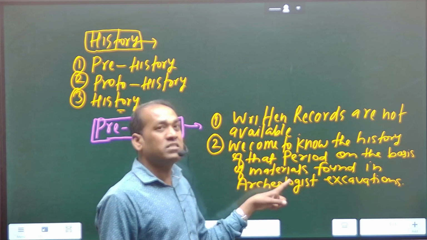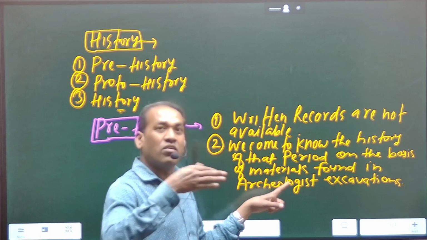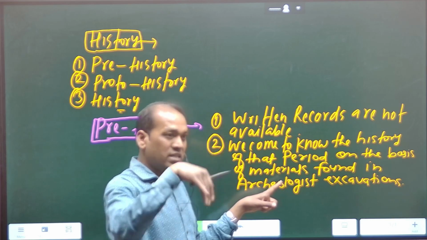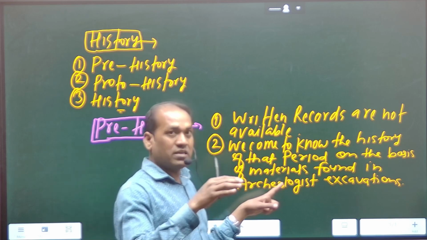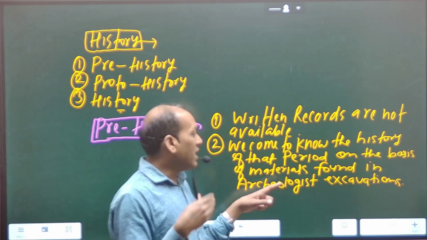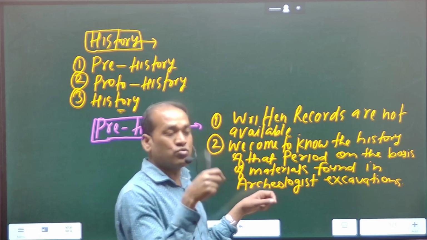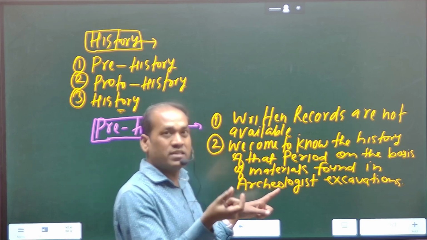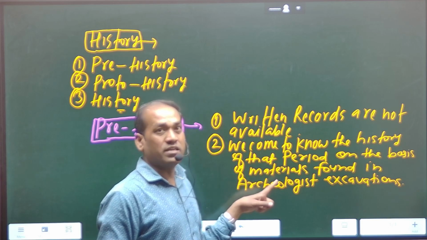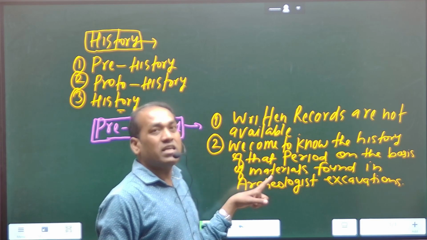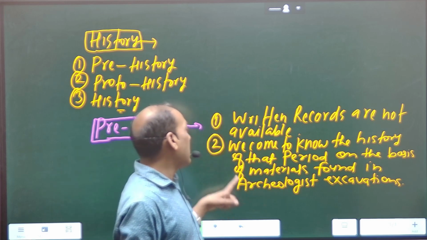The team of archaeologists carry out the digging of the earth. The materials are collected, those materials are researched, those materials are studied, and after studying, history is presented. In this way we can come to know the history of that period.